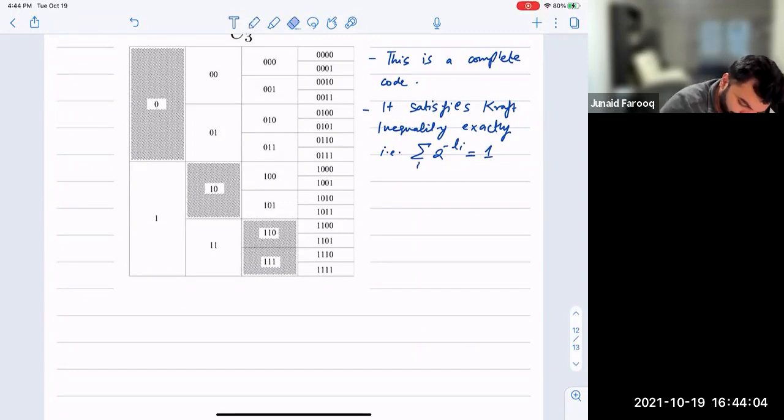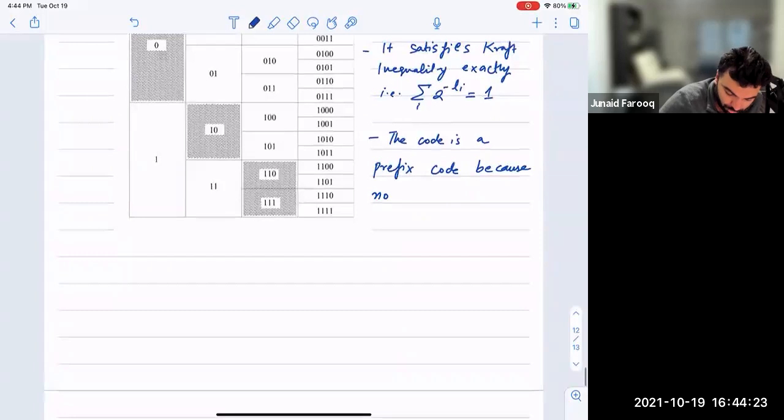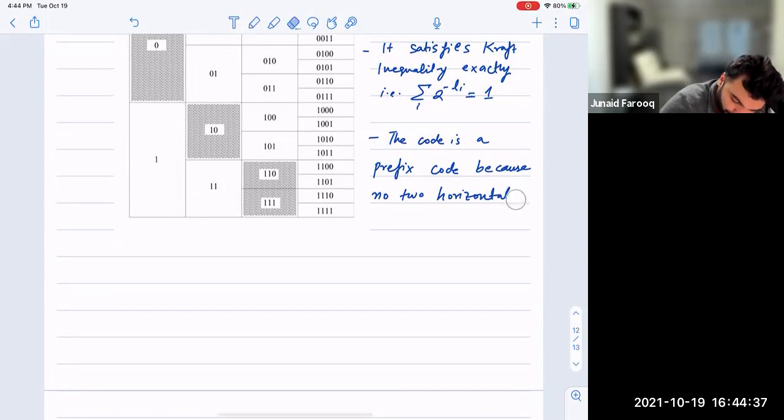Okay, and the code is a prefix code, because no two adjacent horizontal boxes are filled.